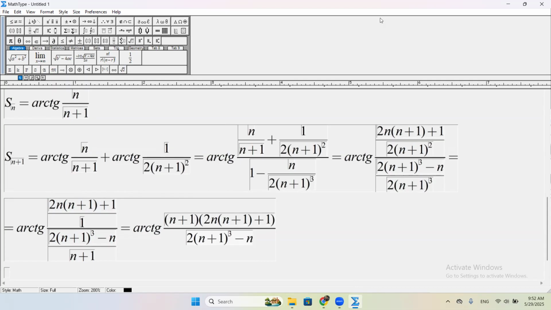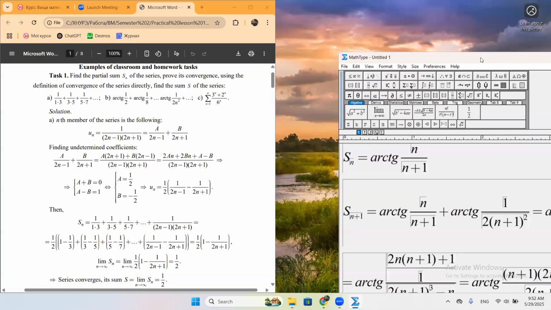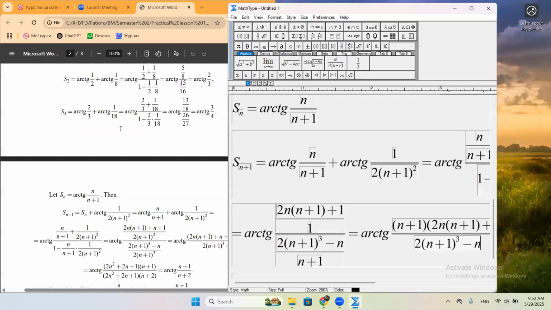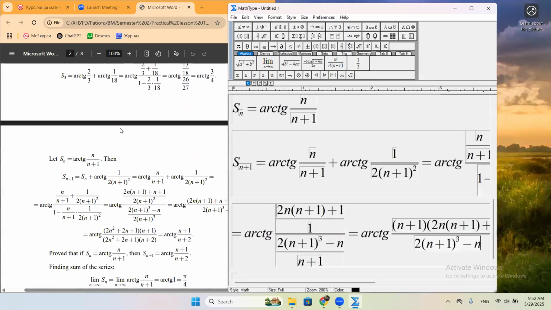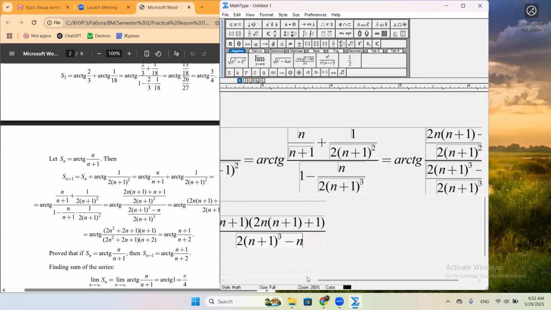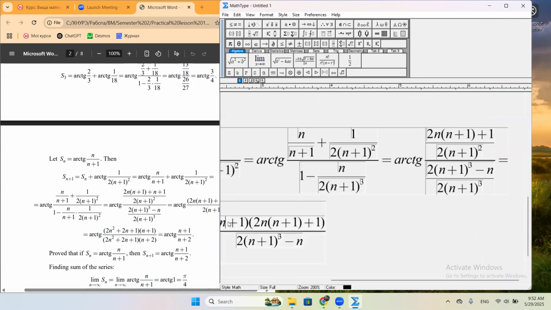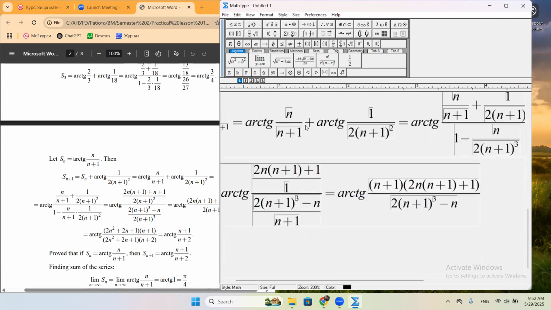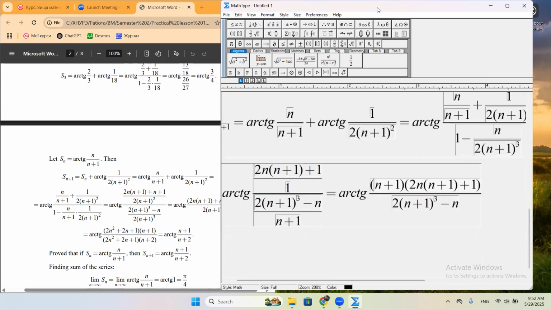Okay, let me check my notes. We will not calculate everything here, but let's check that we are on the right way. Yeah, correct.